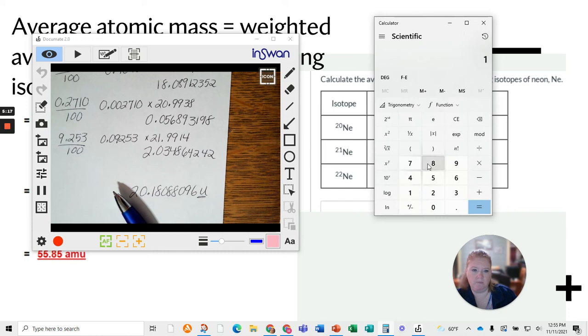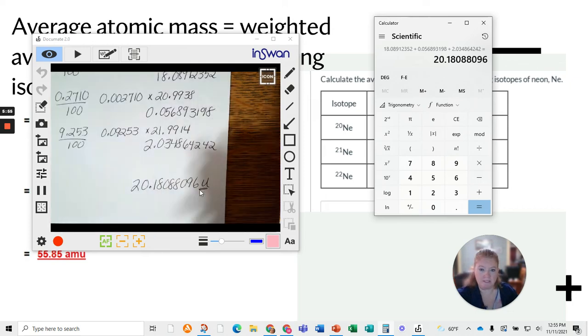Let's clear it and let's add up 18.089125352 plus 0.05689398 plus 2.034864242 equals. You see that? I got the same thing. So just using the parentheses kind of saved me a step.